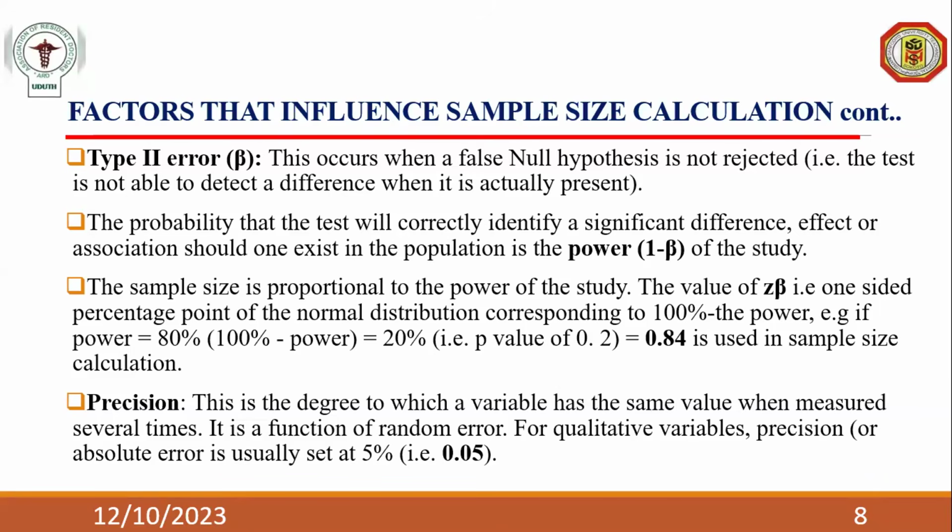Another factor that can affect the calculation of sample size is precision. I have explained precision in the explanation of type 1 error. Precision is the accuracy of your study in finding the results. For example, you said you are giving only 5% chance of making an error.